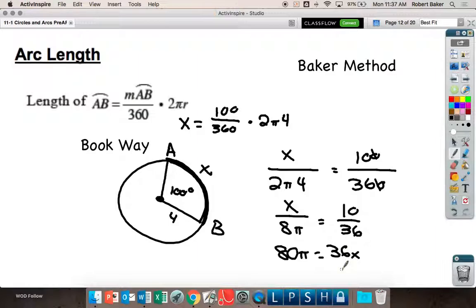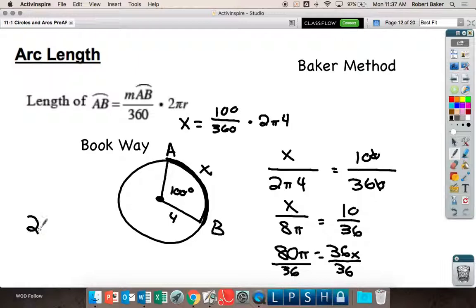Then to get x by itself, divide both sides by 36. So 36, 72. Let's see. What goes into 80? It's like gross. 9ths? Sure.